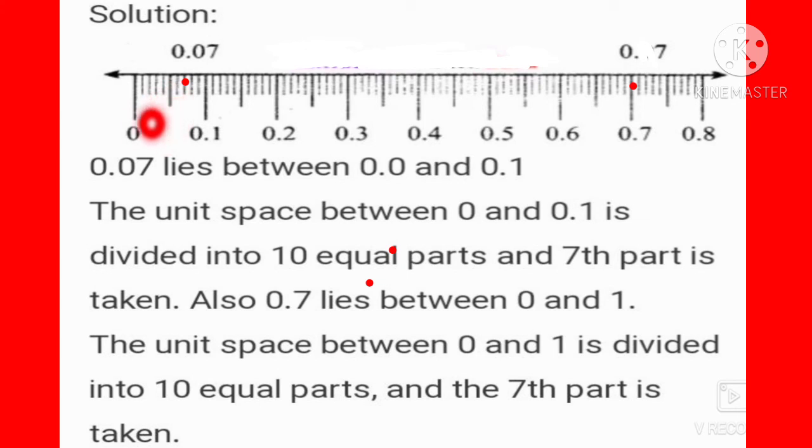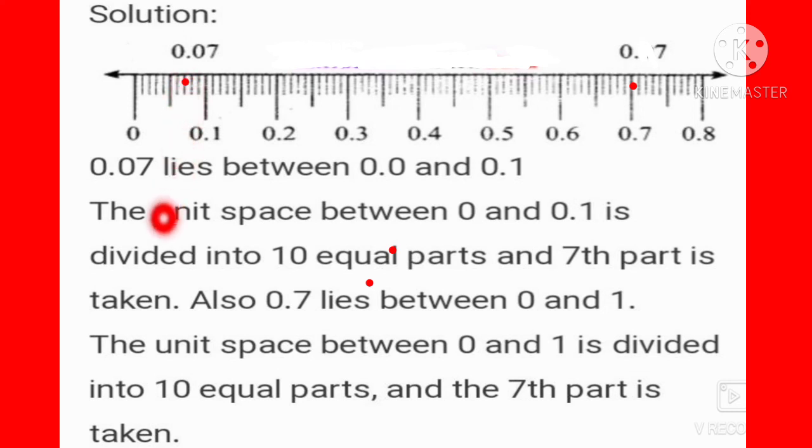So the midpoint between 0 and 0.1 is 0.05, the next number will be 0.06 and the next will be 0.07. So here is the position of the decimal number 0.07.